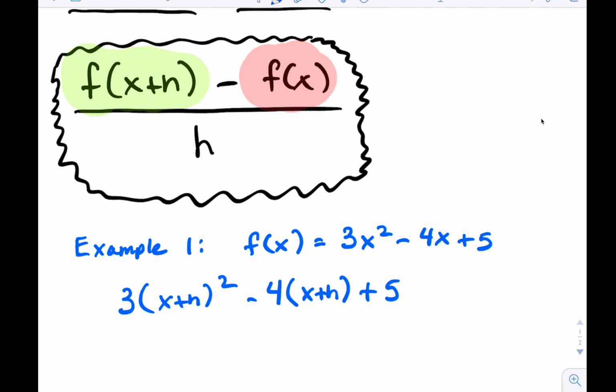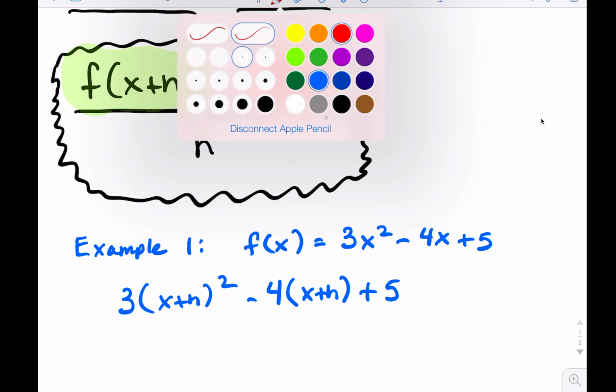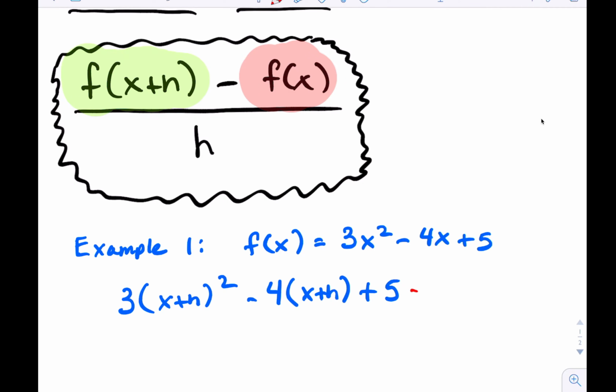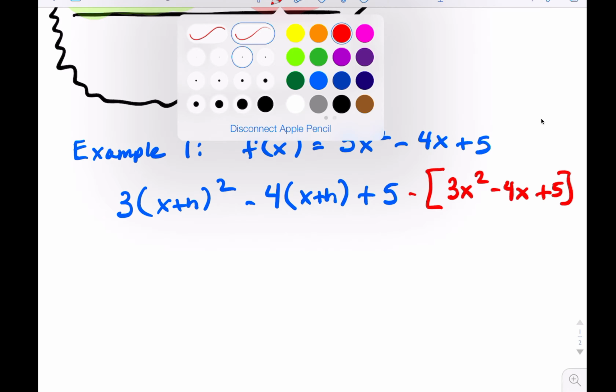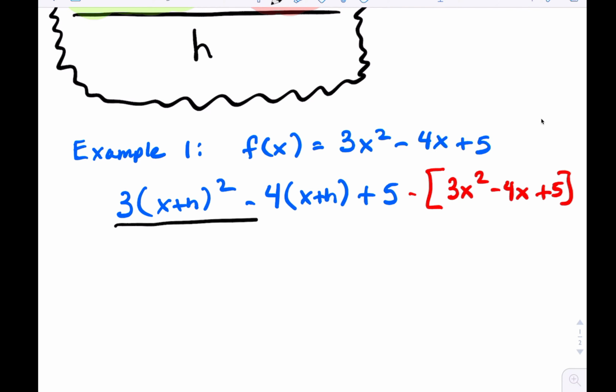So I've rewritten the original equation, but every variable got replaced with x plus h. Now I'm going to subtract the original function, 3x squared minus 4x plus 5, and keep the entire thing over h.